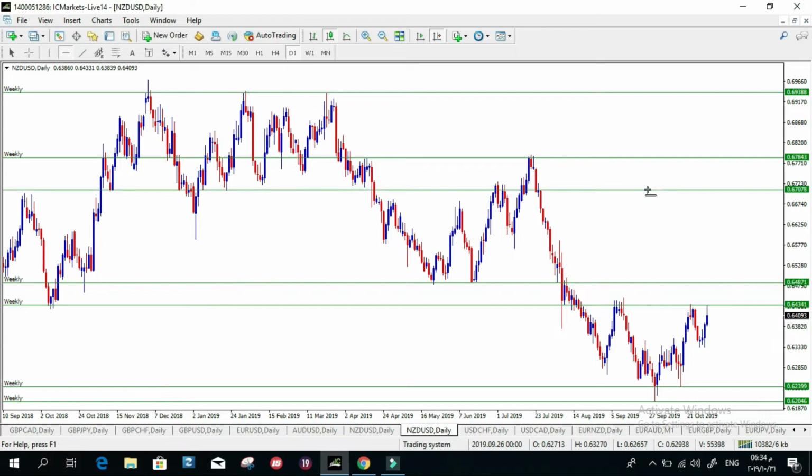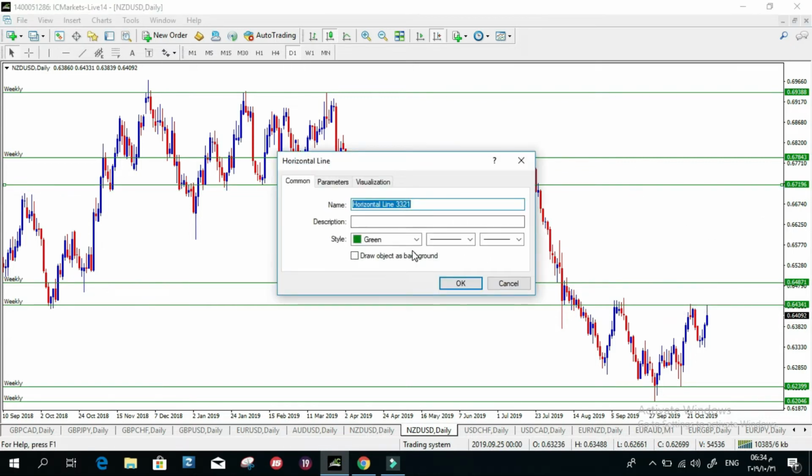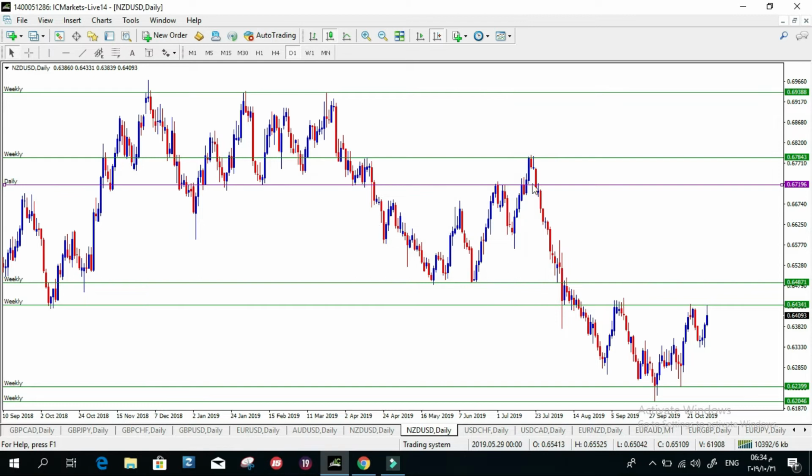We have an area over here. Let's make a different color for the daily and call it daily. So we have this line.